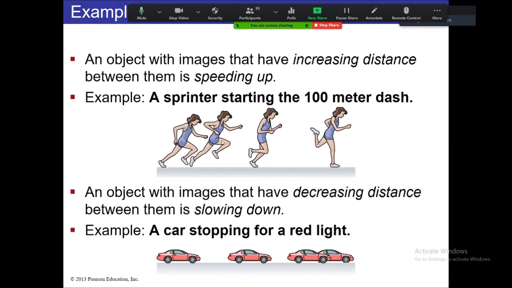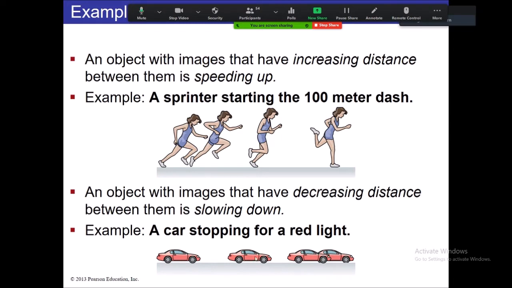The one on the top here shows an object that speeds up. Okay, so we have the sprinter. And what you notice about these images is it's communicating that the person is speeding up because each image shows the runner progressing farther away from the last image. And that is clearly indicating speeding up.